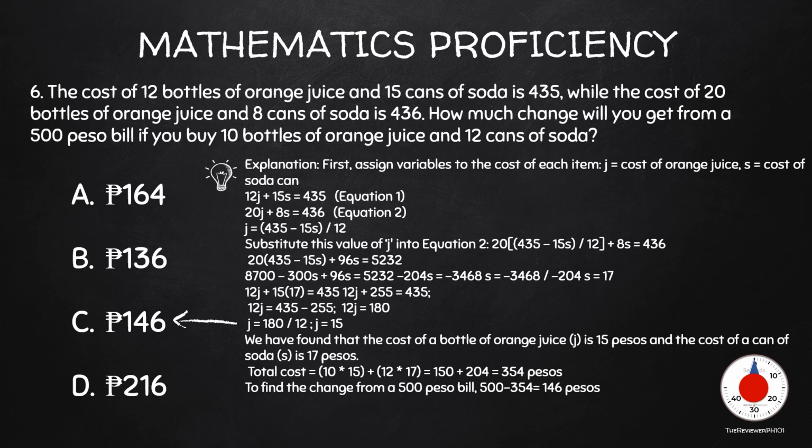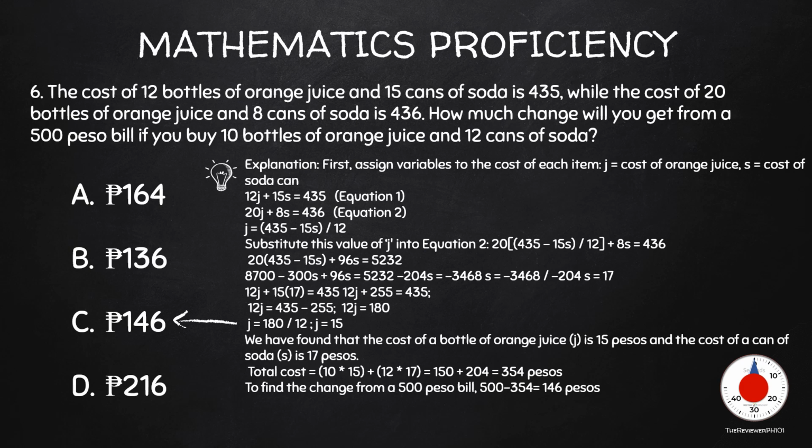12J plus 15 times 17 equals 435. 12J plus 255 is equal to 435. J equals 180 divided by 12, J equals 15. We have found that the cost of a bottle of orange juice, J, is 15 pesos and the cost of a can of soda, S, is 17 pesos.